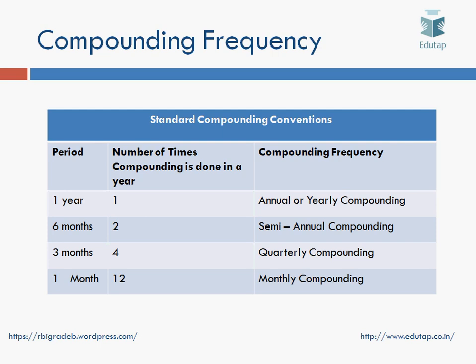It means number of times compounding is done in a year is 2, that is 12 months divided by 6 equal to 2. Similarly, in quarterly compounding, the number of times the compounding is done a year is 4 times and the compounding is done after every 3 months. And the same logic applies to monthly compounding.